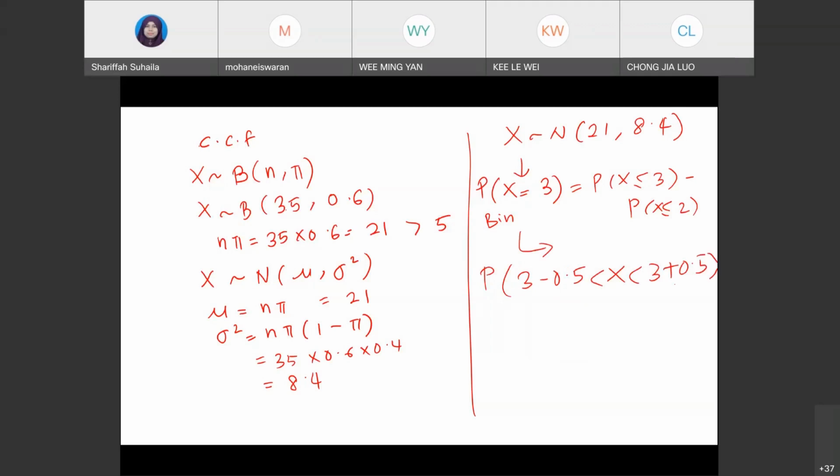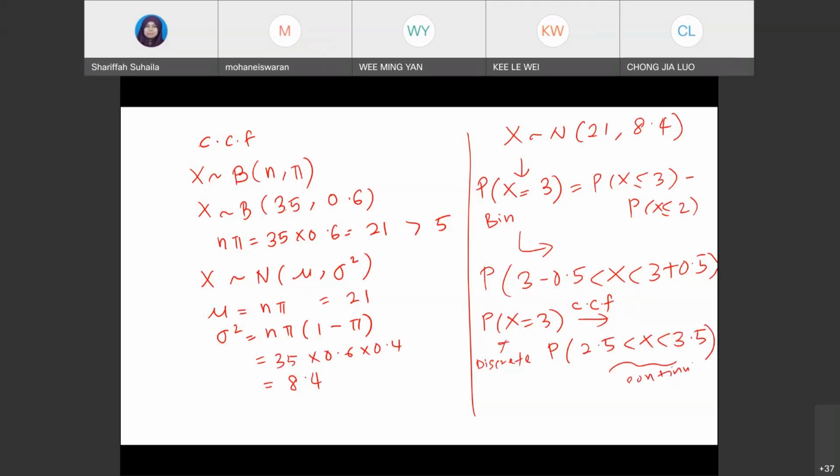If I write probability X equals to 3, you can write CC or CCF, continuity correction factor, and you change it to 2.5 less than X less than 3.5, because we cannot take an exact value. This one is discrete, and you want to change it to this one, continuous.